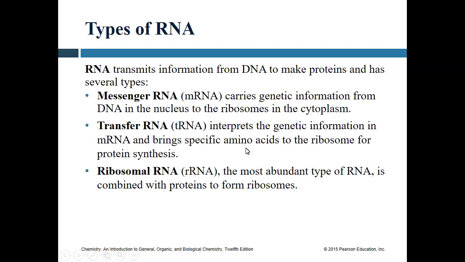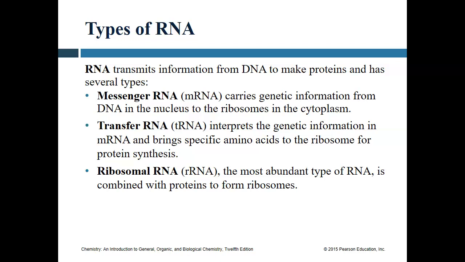So there are three primary types of RNA inside of cells. The first kind is called messenger RNA, mRNA. This is the version of RNA that actually goes into the nucleus of the cell and copies the genetic information.